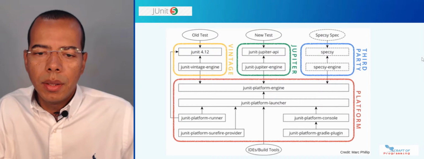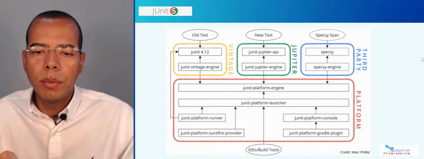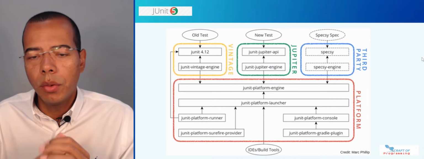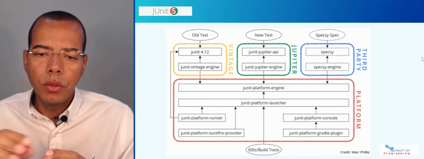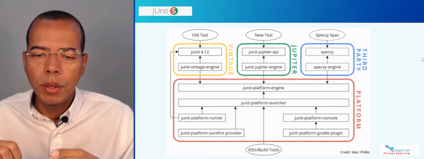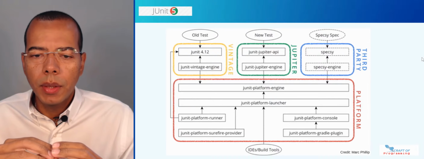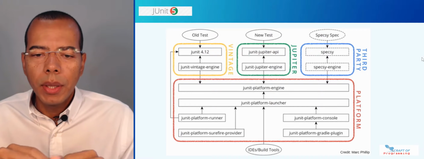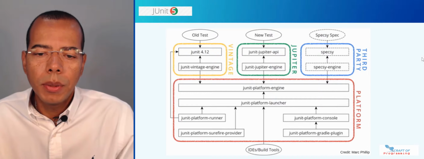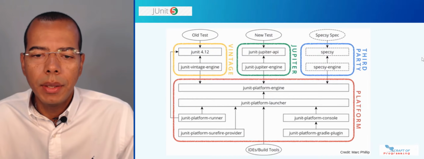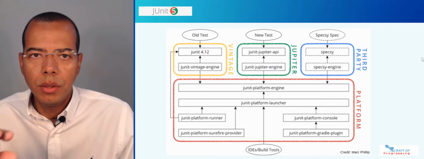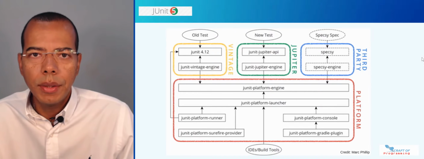Notice that if you're writing a JUnit 5 test, you depend on the Jupiter API and you don't care about what's under the hood. There is a Jupiter engine which effectively implements the API. The Jupiter API is a jar that mainly contains just interfaces.